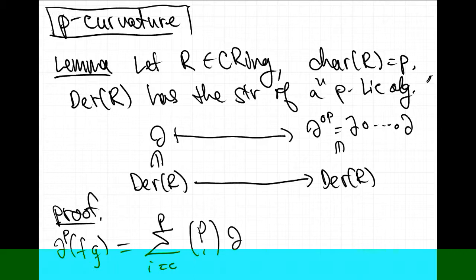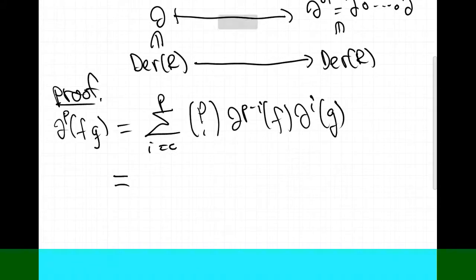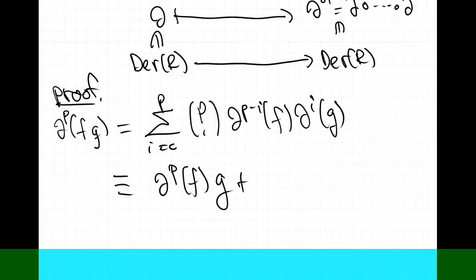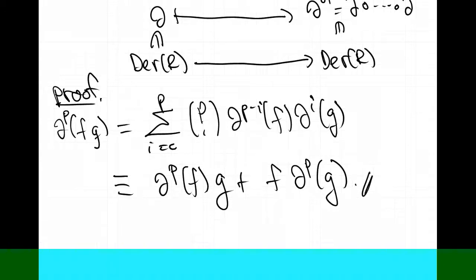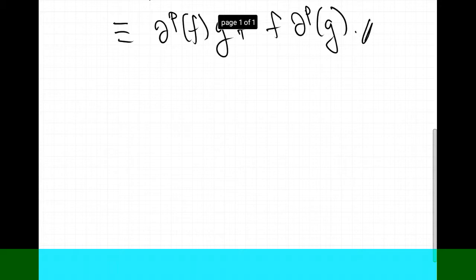So this becomes a sum of terms like d^(p-i) f times d^i g, and since we're working in characteristic p, the binomial coefficients will be divisible by p, and so this just becomes d^p f times g plus f times d^p g. And I'm going to write this thing for composed p times, so I'm not going to write the circle always there. And that's the really simple fact there.